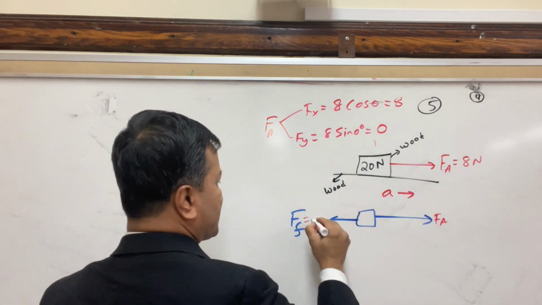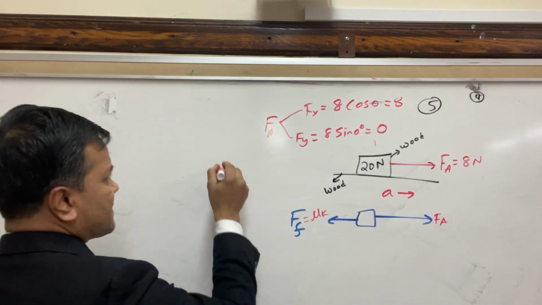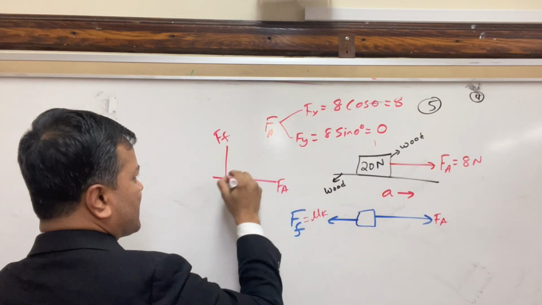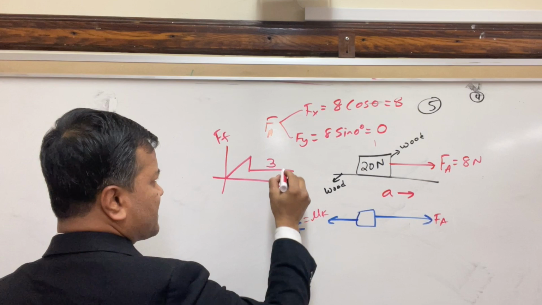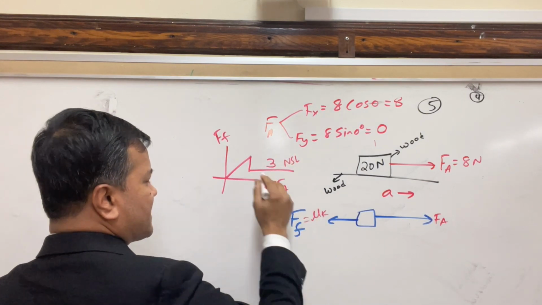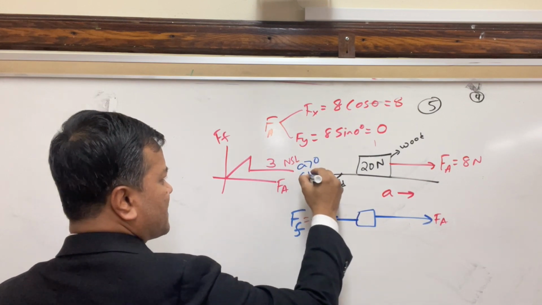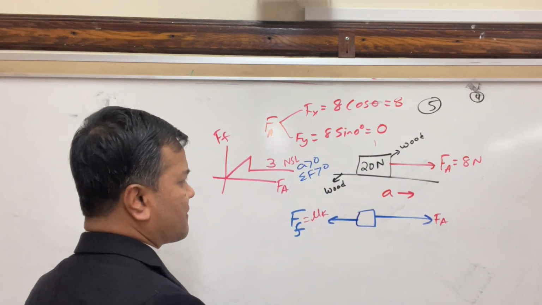Force of friction is mu k Fn. That means, by Newton's second law, there is an acceleration, which means there is a net force. Now we are trying to find the acceleration.